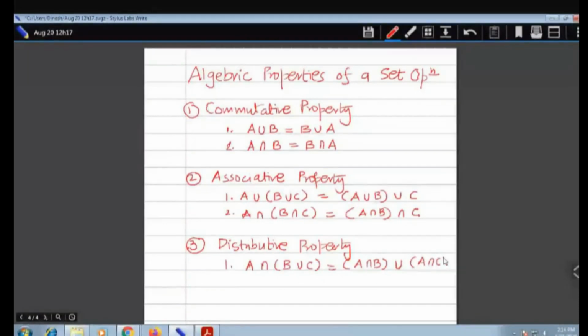So you do the intersection of A and B, then the intersection of A with C, and then you do the union of both results. Can we have it for union? Yes, A union (B intersection C) is the same as (A union B) intersection (A union C).